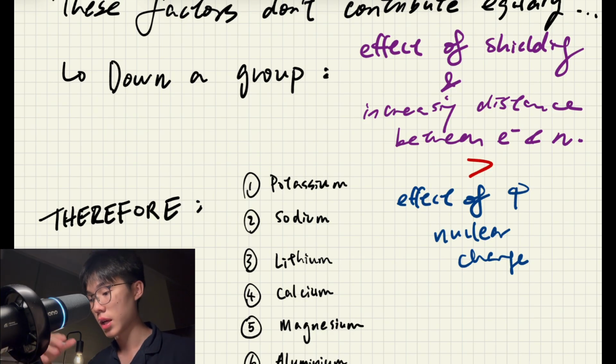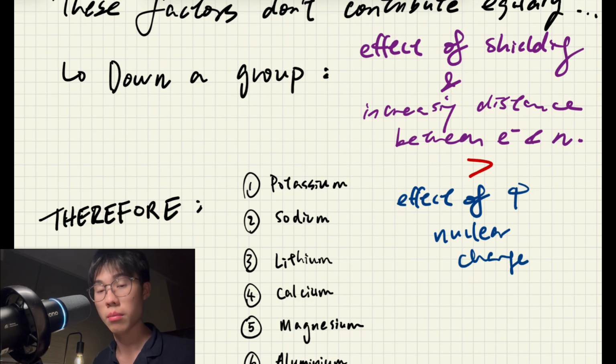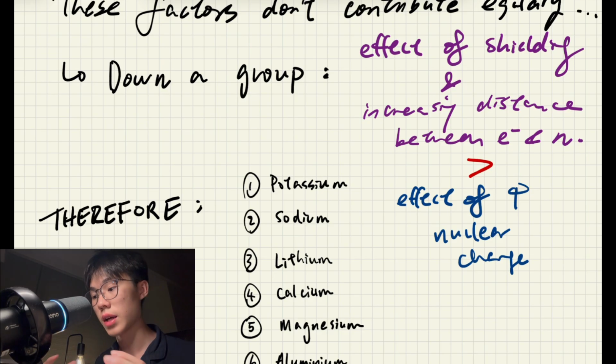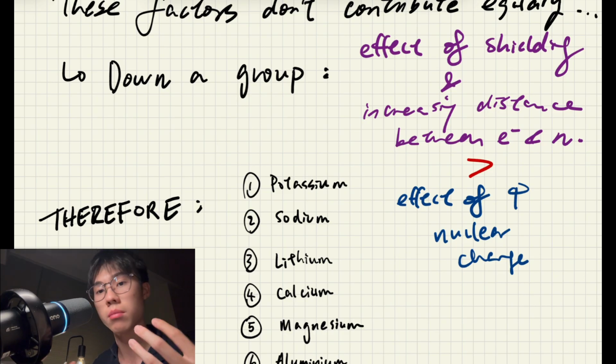However, because the elements below within a group have gained an extra electron shell, there is more shielding experienced by the outermost electrons, plus the distance between the nucleus and electrons increases. These 2 effects outweigh the effect of the increase in nuclear charge. Therefore, as you move down a group, it actually gets easier to remove electrons, and therefore the metals become more reactive.